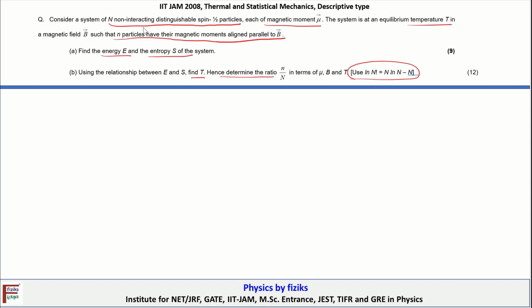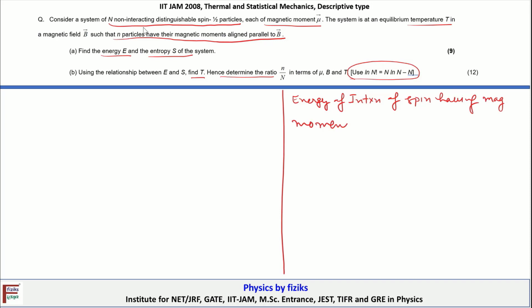When a magnetic moment is placed in a magnetic field, the energy of interaction of a spin having magnetic moment mu is given by E equal to minus mu dot B, the magnetic field applied.